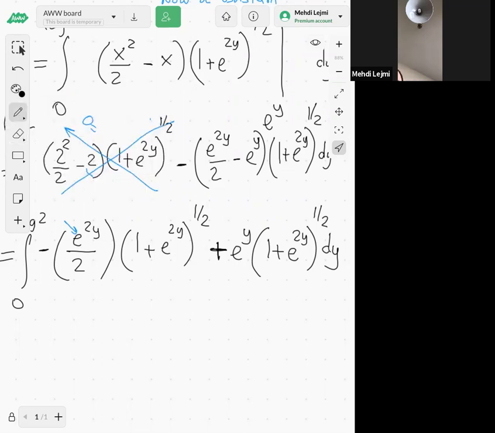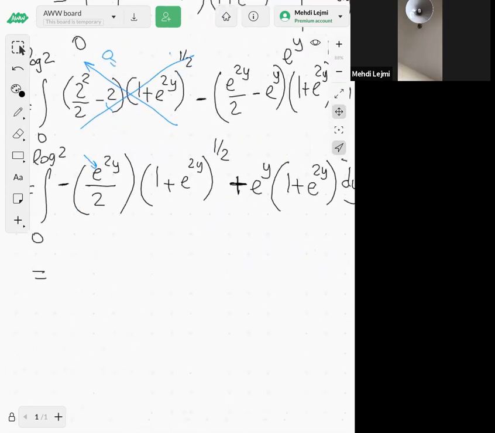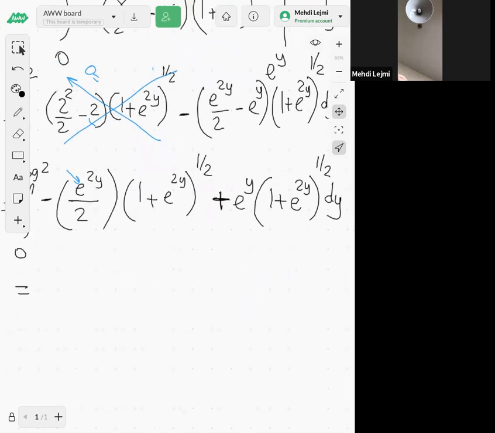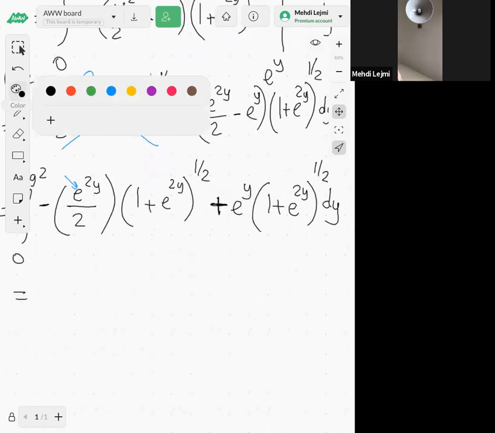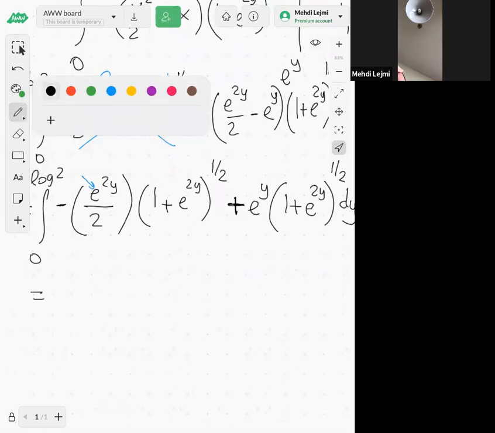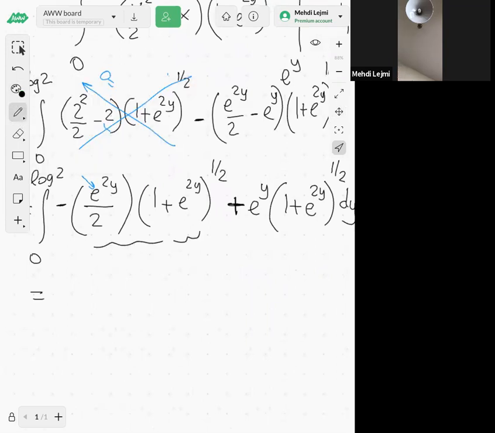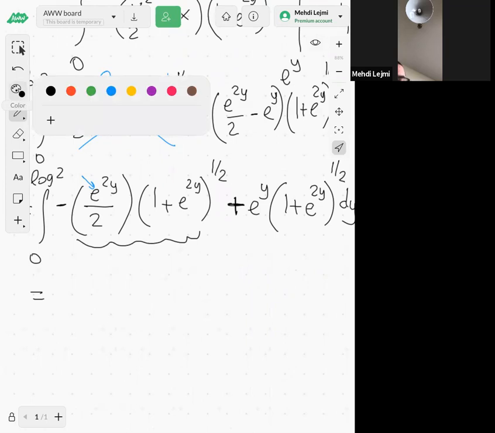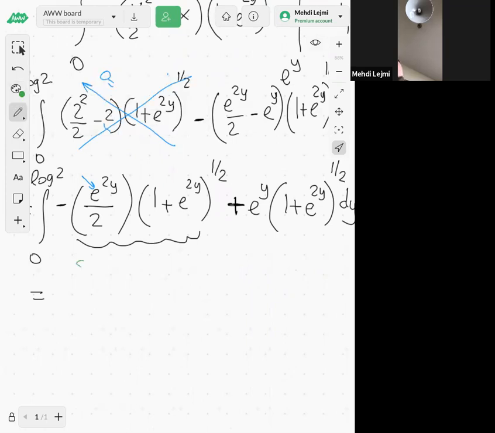And now, guys, I mean, yeah, the computations are not that easy, actually. I mean, in both cases here, we can use a substitution. The derivative of e to the 2y would be just e to the 2y, right?